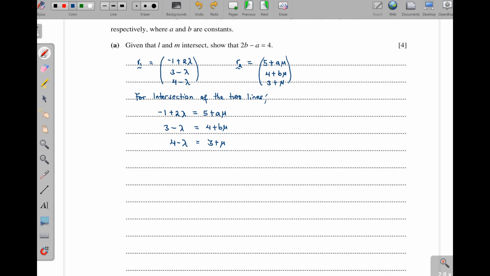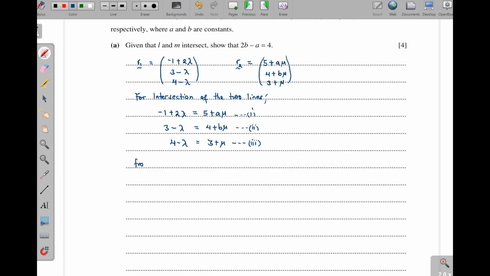I can eliminate lambda, or I can express this mu in terms of lambda. So I substitute it in equation 2, okay, and then also substitute in equation 1. I think that one is better. So let me say this is equation 3, this is equation 2, and this is equation 1.